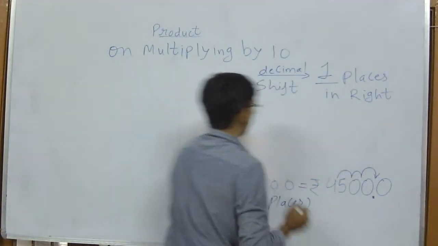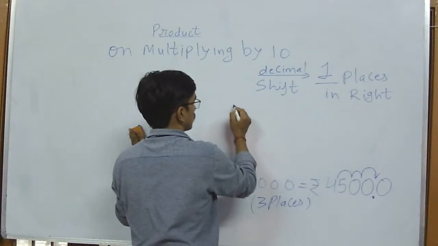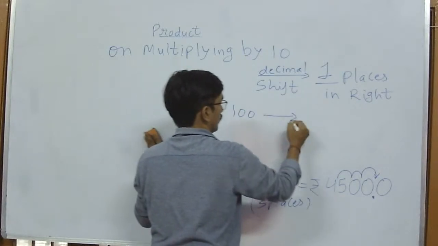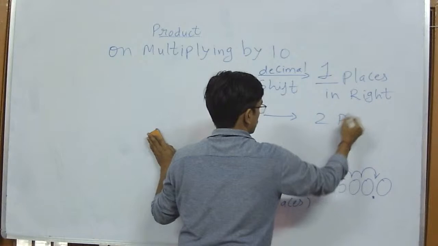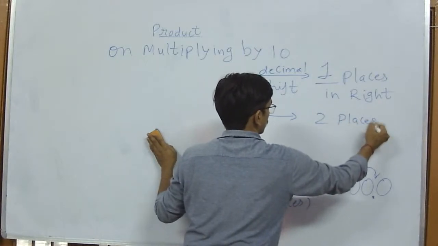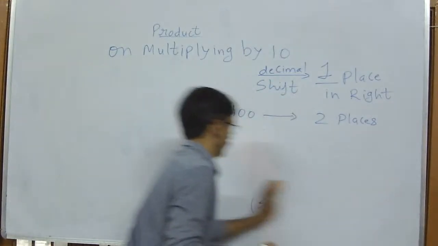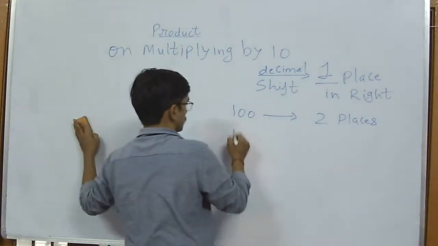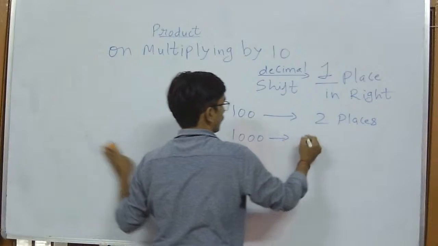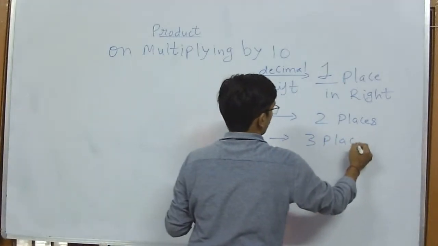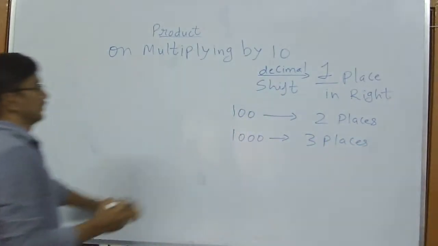For 100, it will shift 2 places to the right. And for 1000, 3 places towards right.